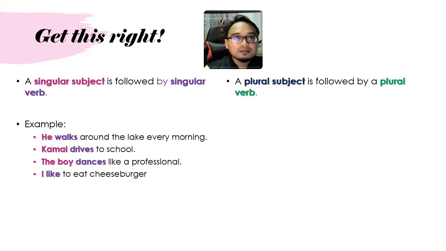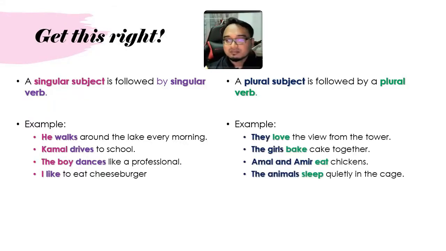Next one will be plural subject. So the plural subject we have just looked into. A plural subject is followed by a plural verb. So look at the examples here. Okay, they love the view from the tower. So they is a plural subject, and then the plural verb love. So see, there is no s at the end of the verb.